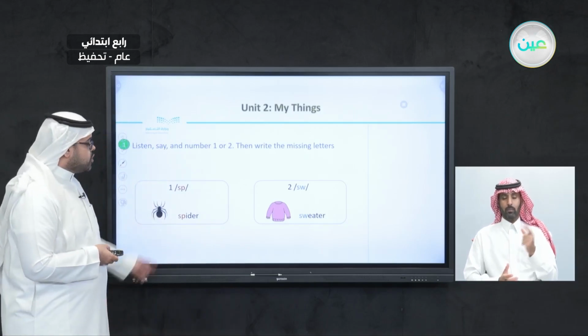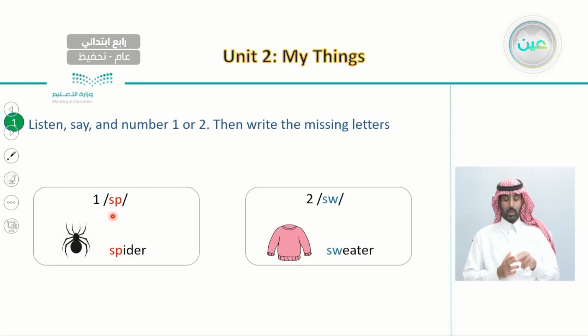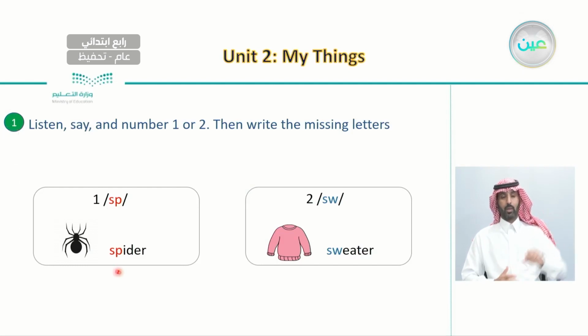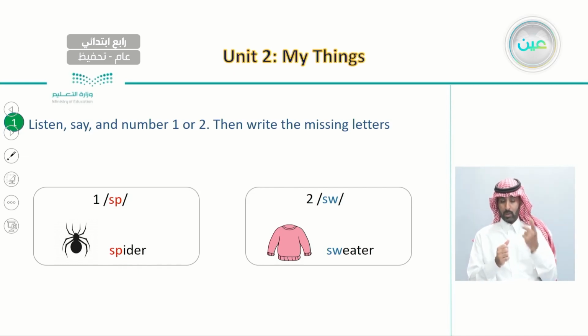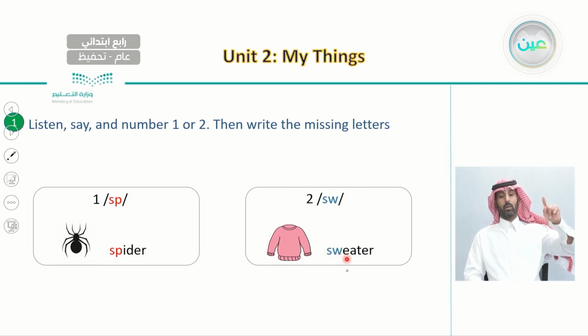The first sound we have that starts with S and P is spider. Spider. Say after me. Spider. Very good. And the second sound we have that starts with S and W is sweater. Sweater. Say after me. Sweater.